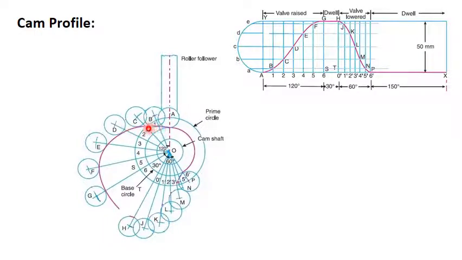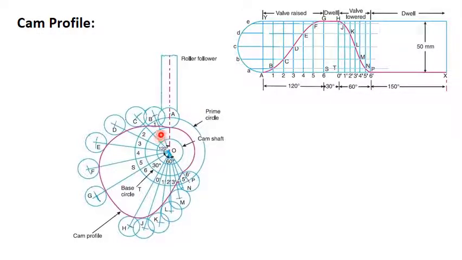But at the first point, wherever it is touching, you have to draw a smooth curve passing through all the points. Similarly, on this side also I have drawn this curve, smooth curve, just touching all these circles. So this purple color, whatever is there, this is the actual cam profile now.